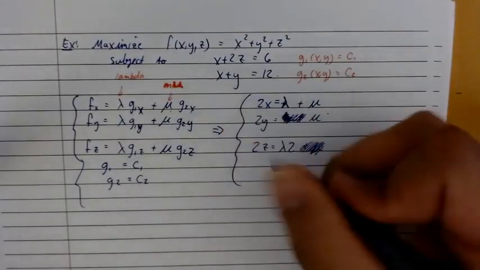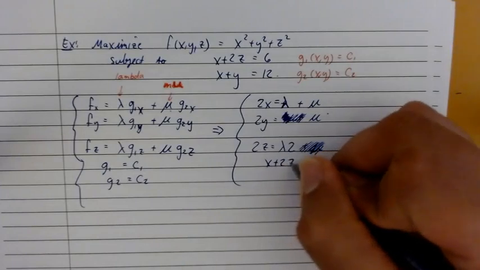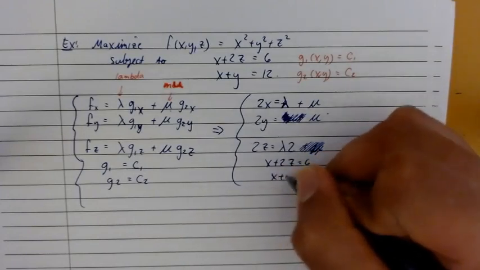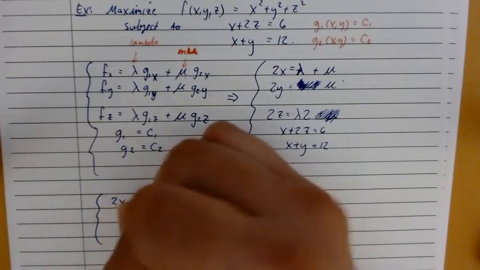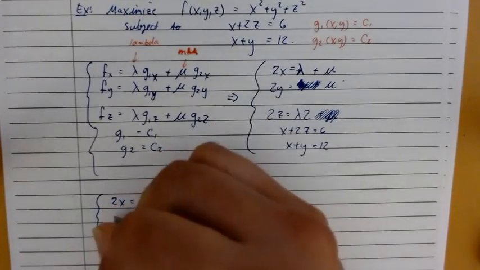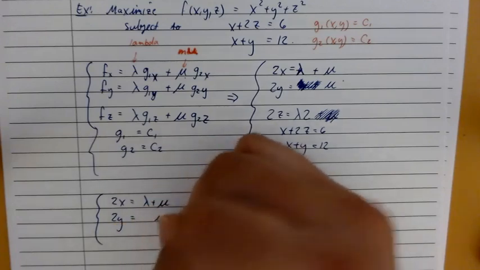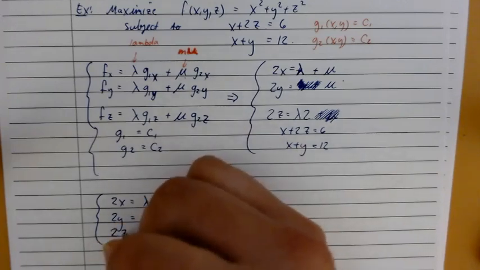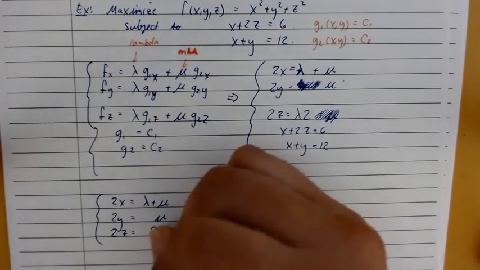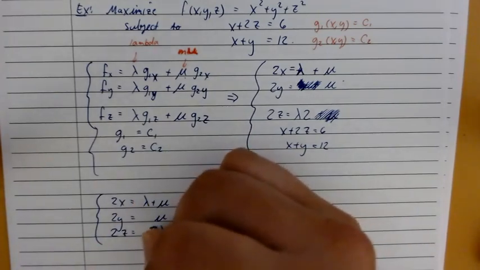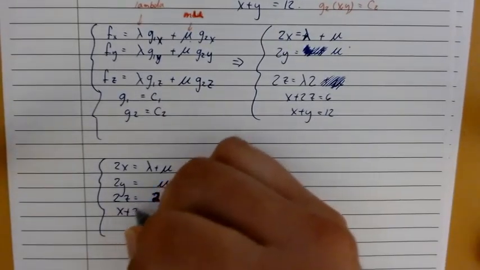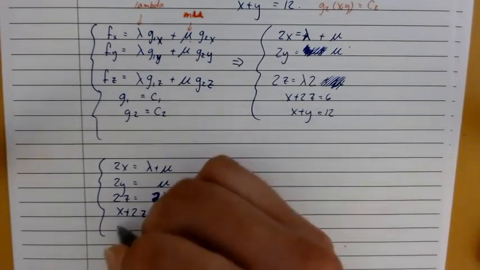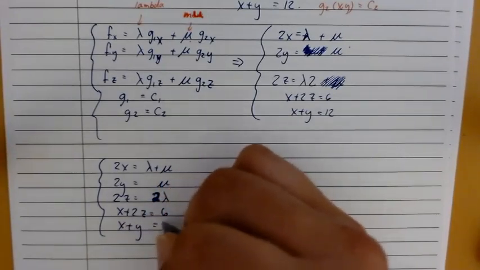And then I have my other two constraints, x plus 2z equals 6 and x plus y equals 12. Let me rewrite things: 2x equals lambda plus mu, 2y equals mu, 2z equals 2 lambda, and the constraints x plus 2z equals 6 and x plus y equals 12.